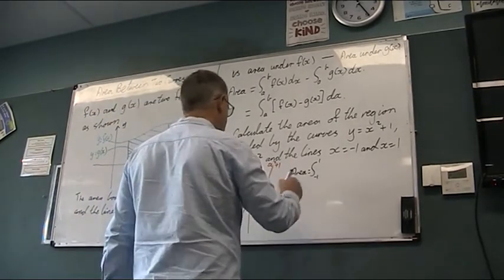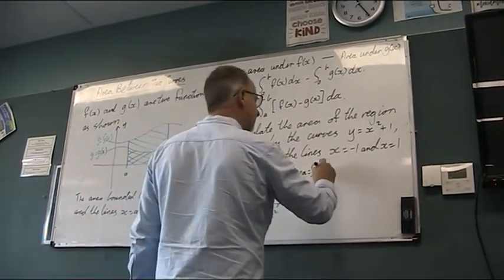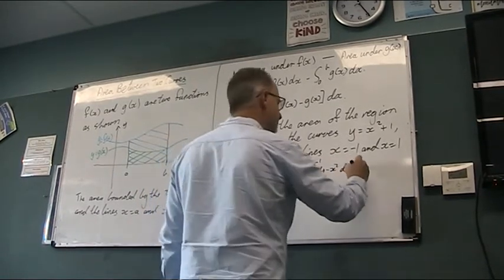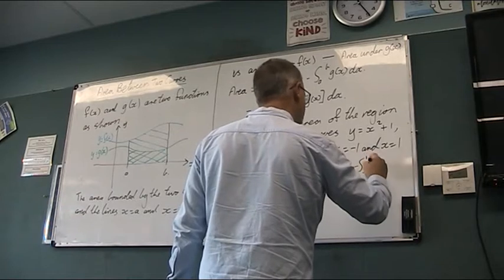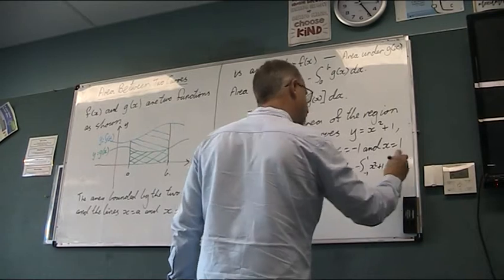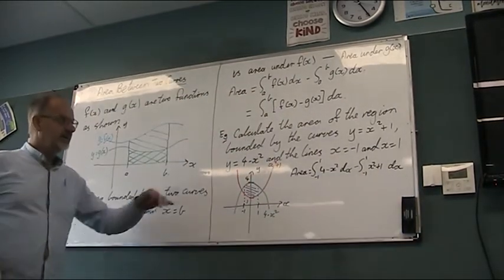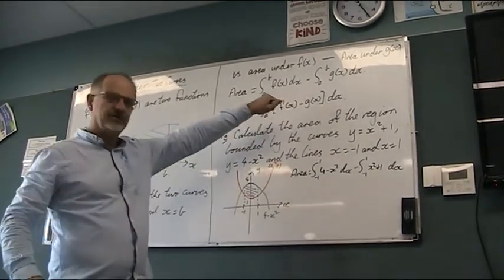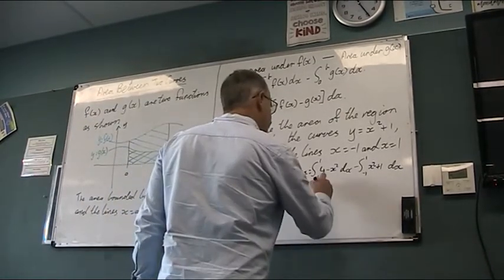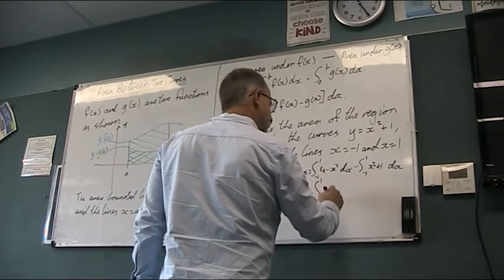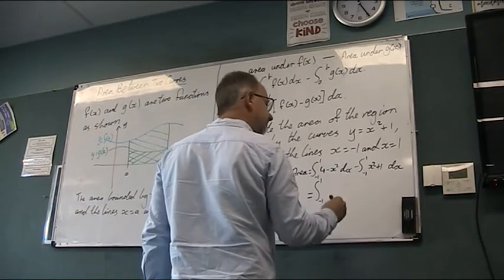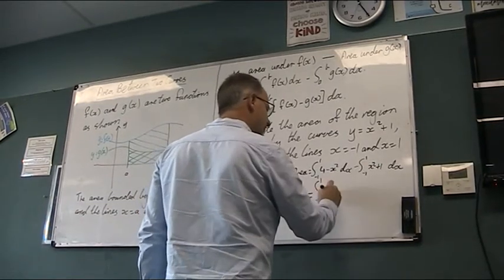So -1 to 1 of the green one, 4 minus x squared dx, minus -1 to 1 of x squared plus 1 dx. And as I said, up here you can put those two integrals together. So if you do that, you've got 4 taking away 1, so it's 3.